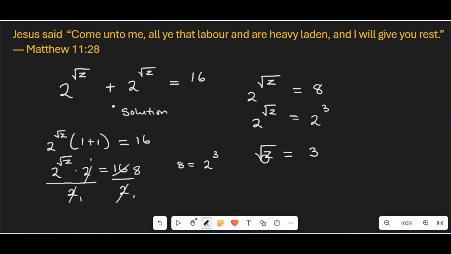To get the value of our z, let us square both sides. Raised to power 2, raised to power 2. This cancels this. Z equal to 3 raised to power 2, which is 9.